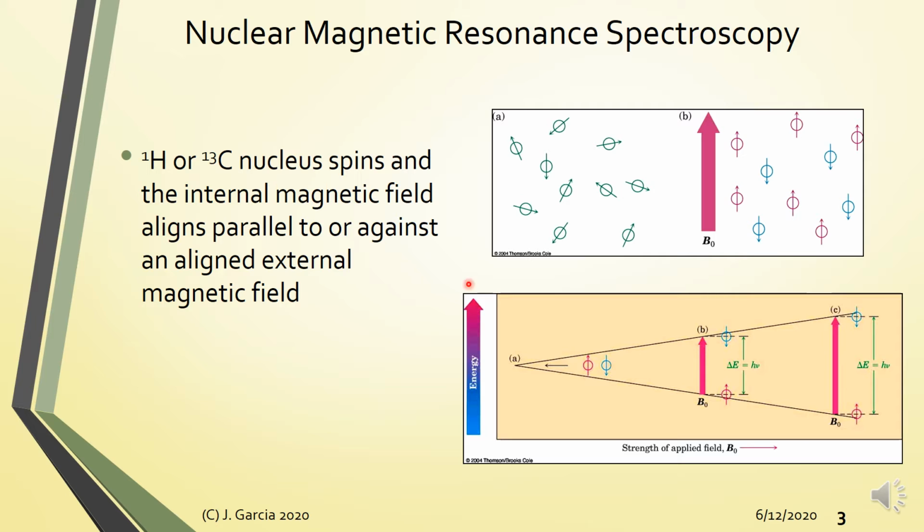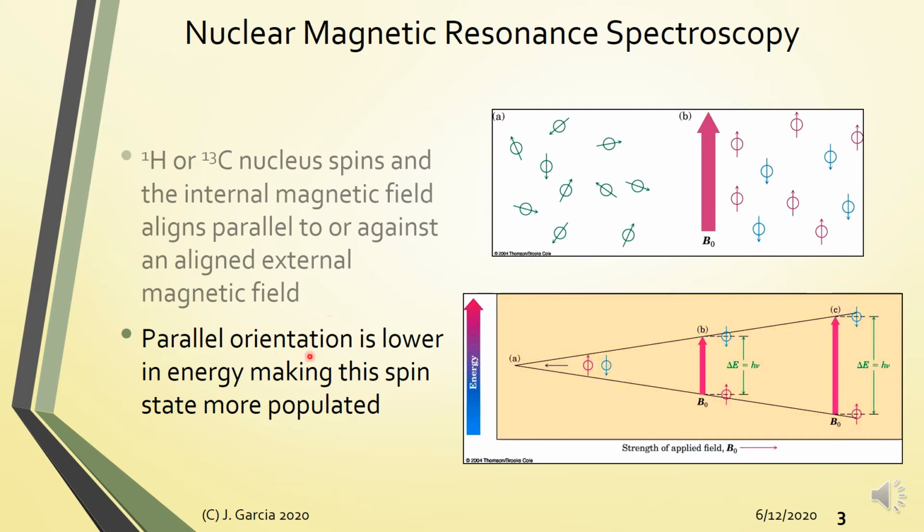Now for the proton and carbon-13, yung mga special na sinabi nating nuclei, if you subject these nuclei against an external magnetic field, then their corresponding internal magnetic fields will align parallel or against that particular external magnetic field. So makikita natin dito, without the external magnetic field, they are randomly oriented, but once you turn on the external magnetic field, they align, no, either parallel or against this external magnetic field.